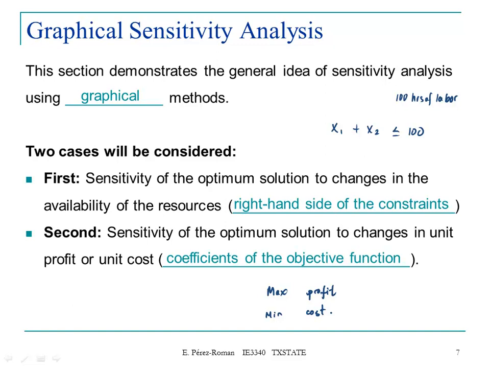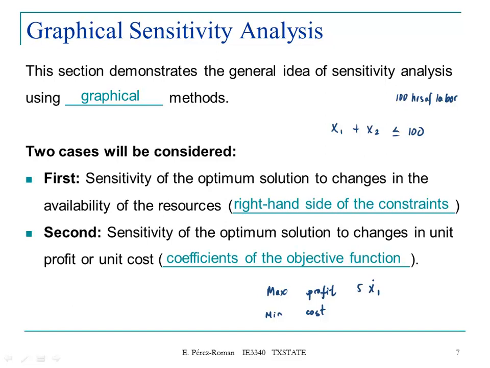For example, if you're maximizing your profit, you have an objective function that usually lists the revenue that you're going to get for selling product 1. So if your revenue is $5 for each product, you're trying to maximize the number of products that you're going to produce, right? So $5, if you produce 100, that means that you're going to make $500. So that's when you're trying to maximize your profit.